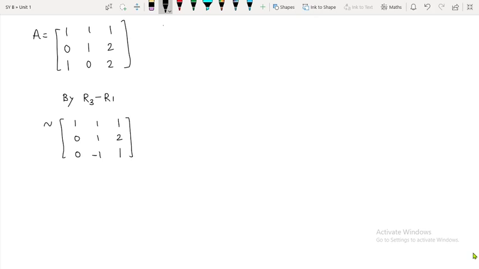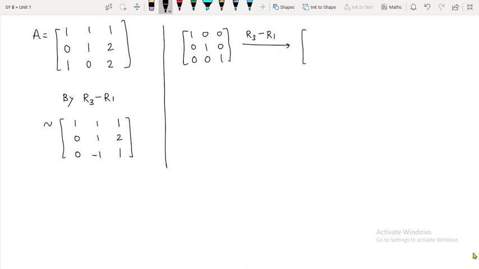Now let us find the corresponding elementary matrix. This time we are going to perform the operation on I3, because we are dealing with 3 by 3 matrices. R3 minus R1 will give us our elementary matrix: 1 0 0, 0 1 0, and minus 1, 0, and 1 minus 0 is 1.